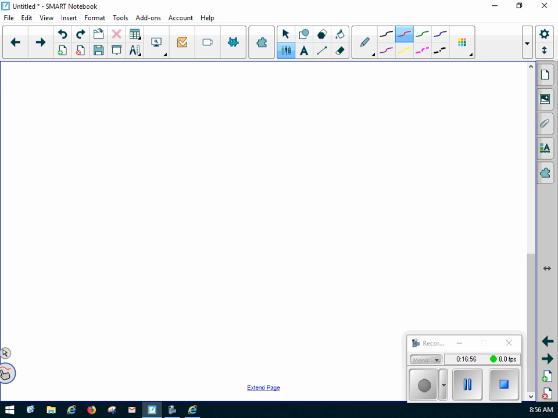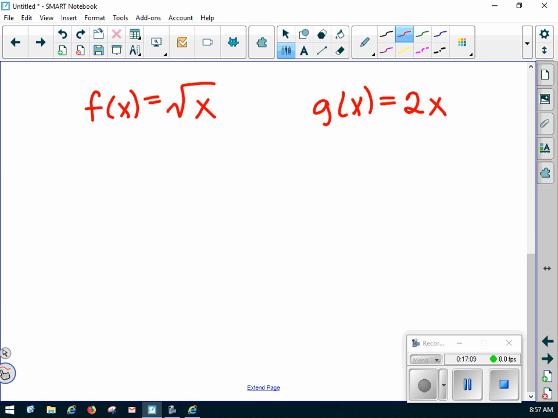Next question. I'm going to give you f of x equals square root of x, and g of x equals 2x. We're going to find f of g of x first.